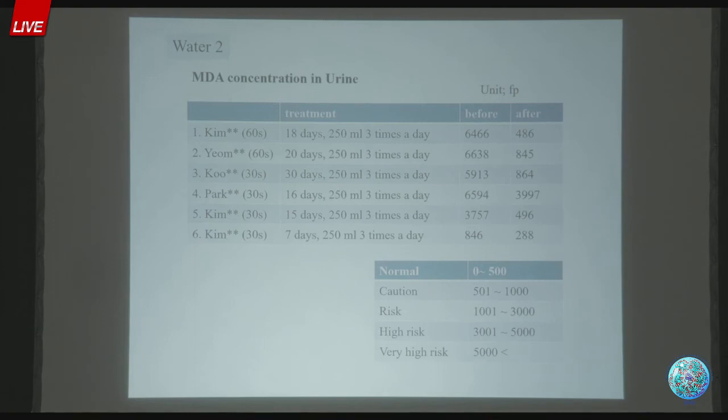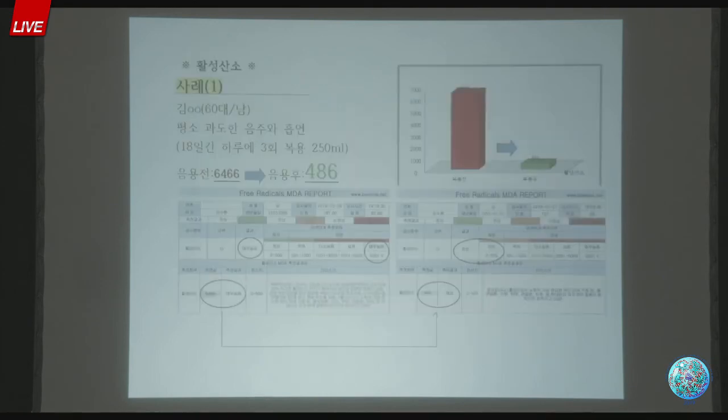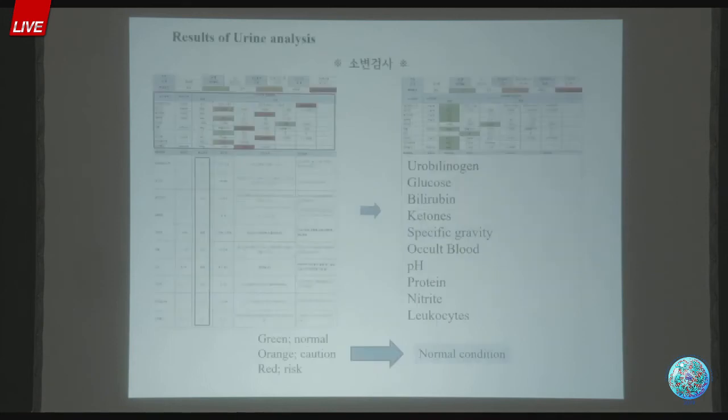And then after 3 weeks of drinking this water, it decreased to the normal range. It was very shocking. This is an example, decreasing from 60,466 to 486, in the normal range. And surprisingly, other things like urobilinogen, glucose, bilirubin, ketone, specific gravity, blood, pH, protein, nitrite, and leukocyte had also become normal.